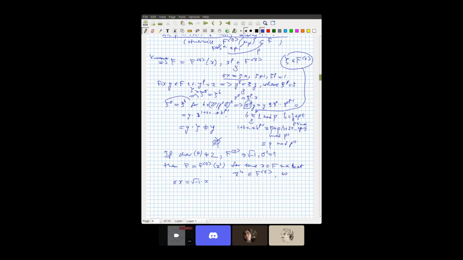And therefore sigma squared of x is square root of -1 times square root of -1 times x, which is minus x. And this is again a contradiction, because sigma squared should be identity, but it is not.